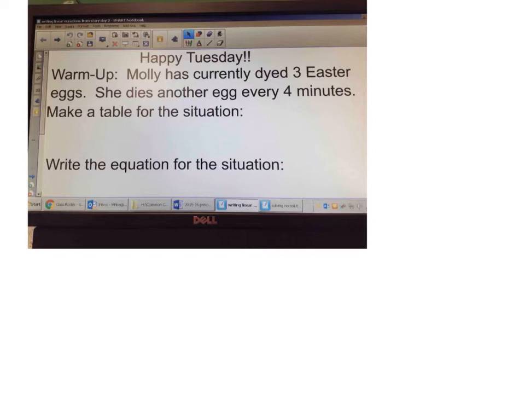Okay, so your warm-up says Molly currently has dyed 3 Easter eggs, and she's going to dye another egg every 4 minutes. So if we want to make a table for this situation, we need to identify what our X is. So the X should be minutes, and the Y should be eggs.